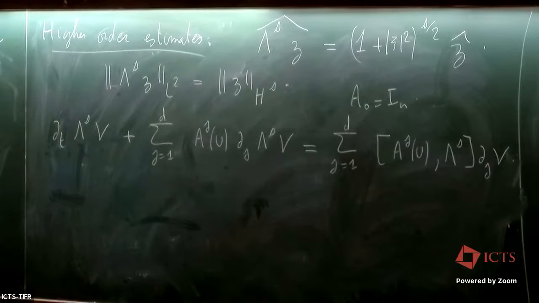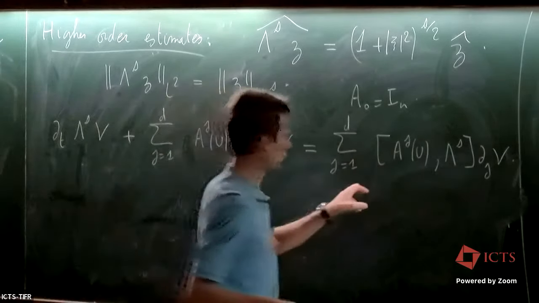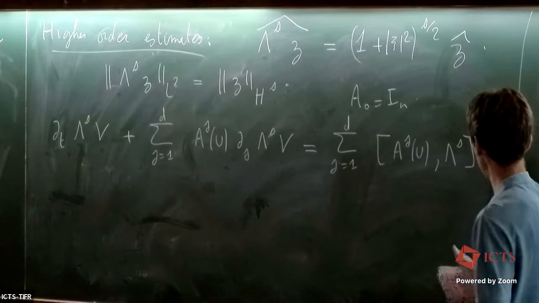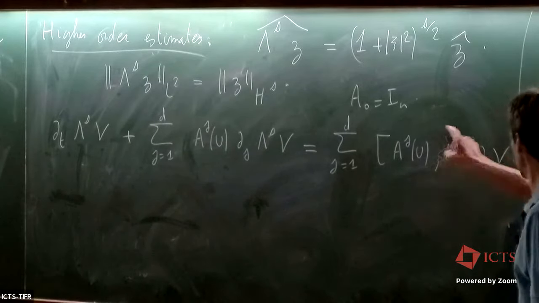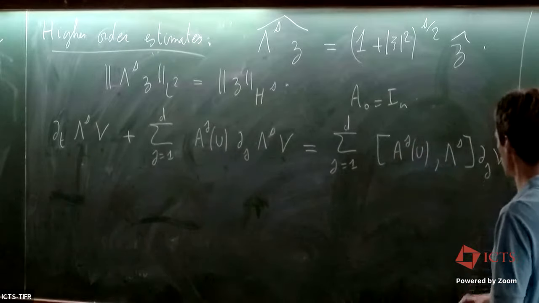This is good because it may be handled as before by Grönwall's lemma. So the question is this term. For this term, it suffices to estimate the L2 norm, because if you take the scalar product with V in L2, you will apply the Cauchy-Schwarz inequality.